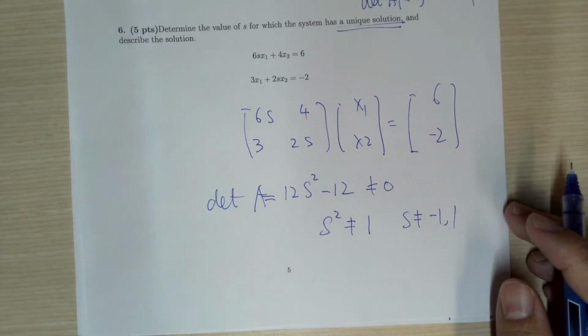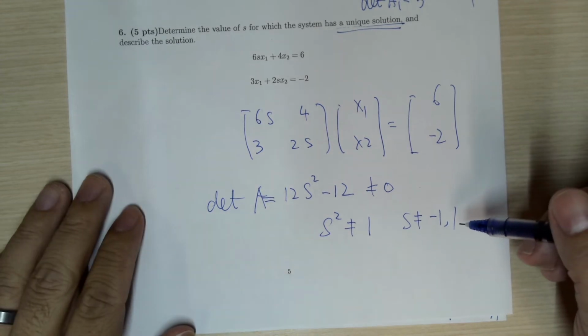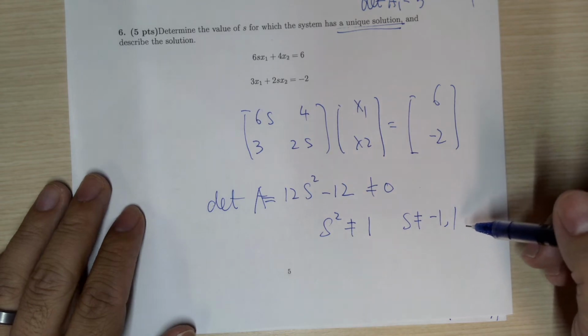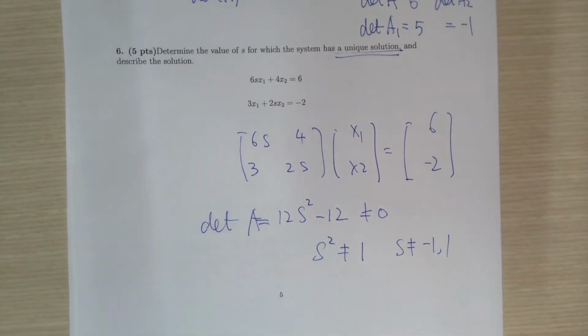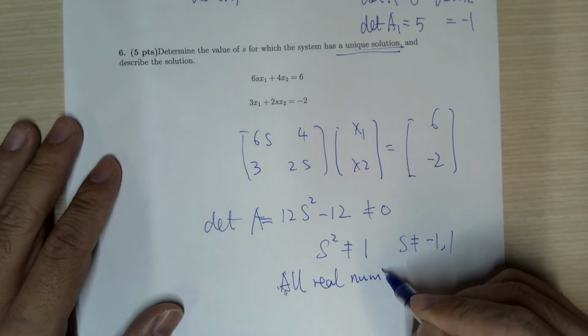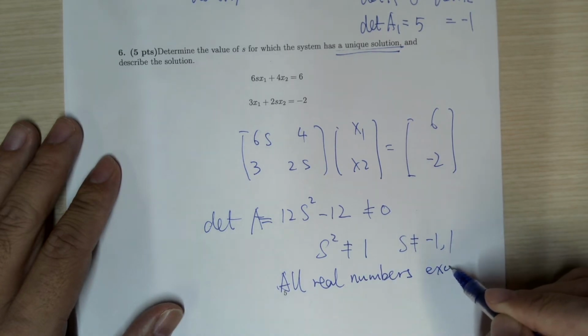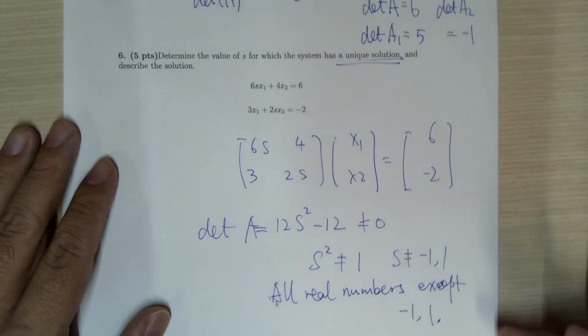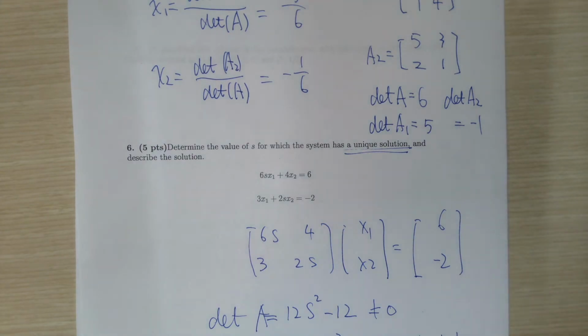As long as s does not equal negative 1 and positive 1, it's all good to go. So all real numbers except negative 1 and positive 1. Okay, so that is number 6. Okay, cool.